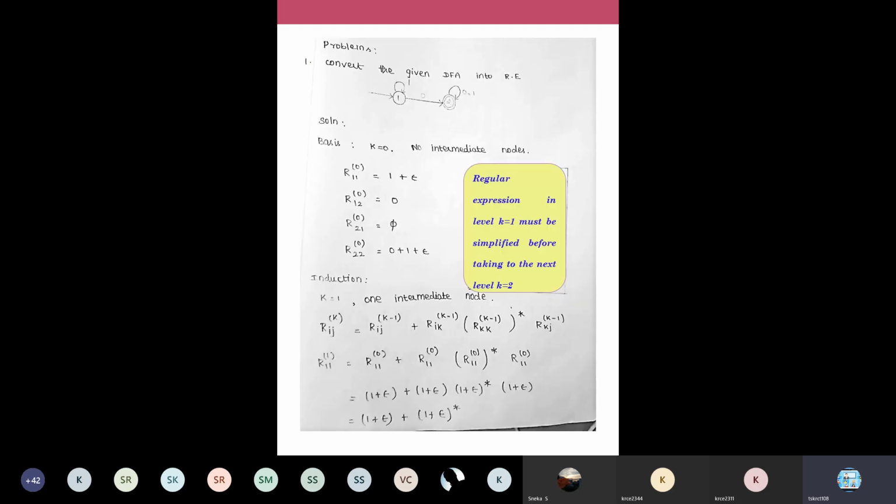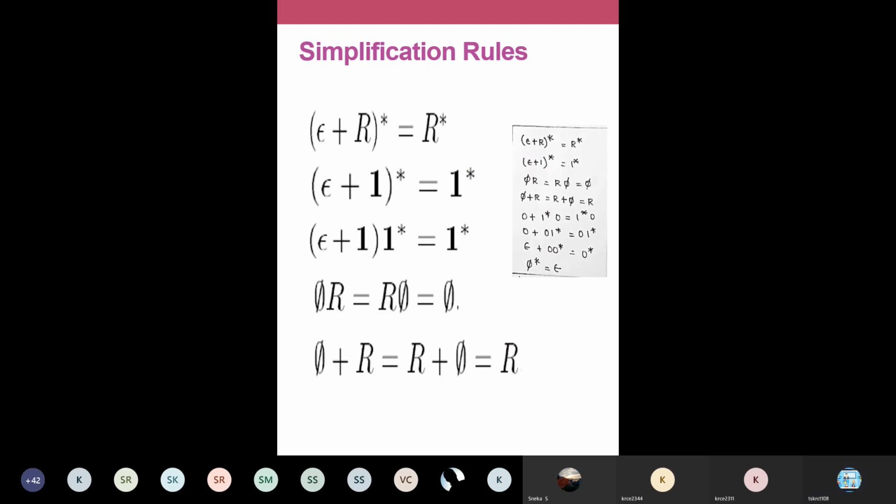And we saw in the last class some minimization, how to do minimization. We saw these simplification rules. Whenever you have epsilon with r enclosed by a star, you can leave that epsilon and write this regular expression r star. Therefore, we can write epsilon plus 1 star as 1 star.